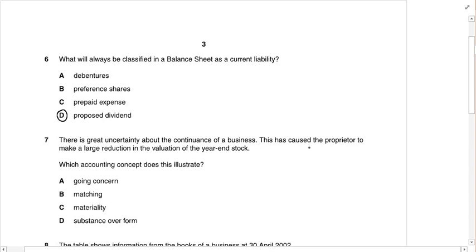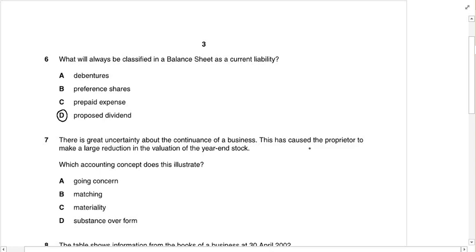Proposed dividend under current accounting standards, specifically International Accounting Standard number 10, is not supposed to be entered in the statement of financial position nor the statement of changes in equity. Rather, we disclose it as a note to the financial statements.